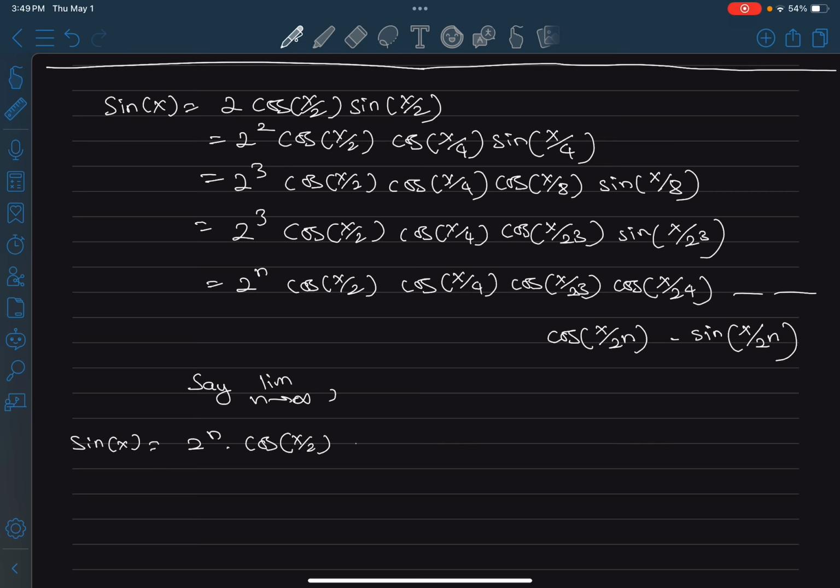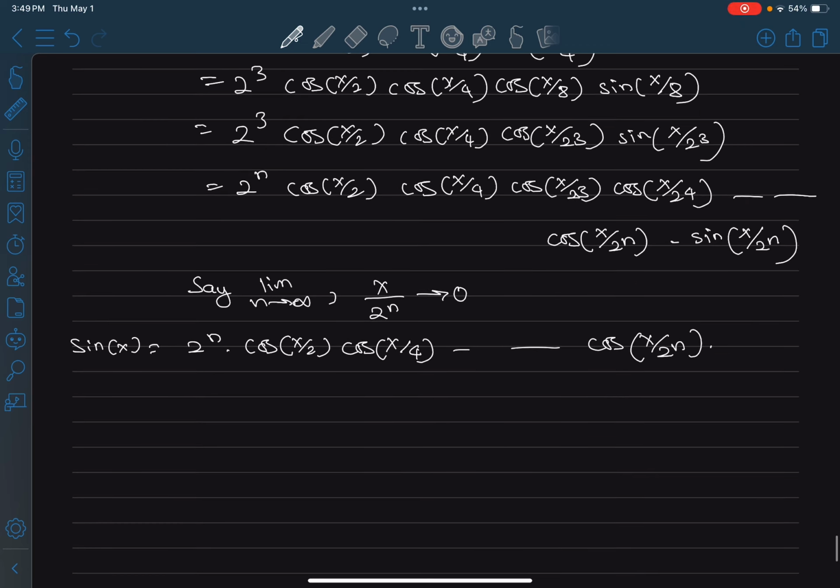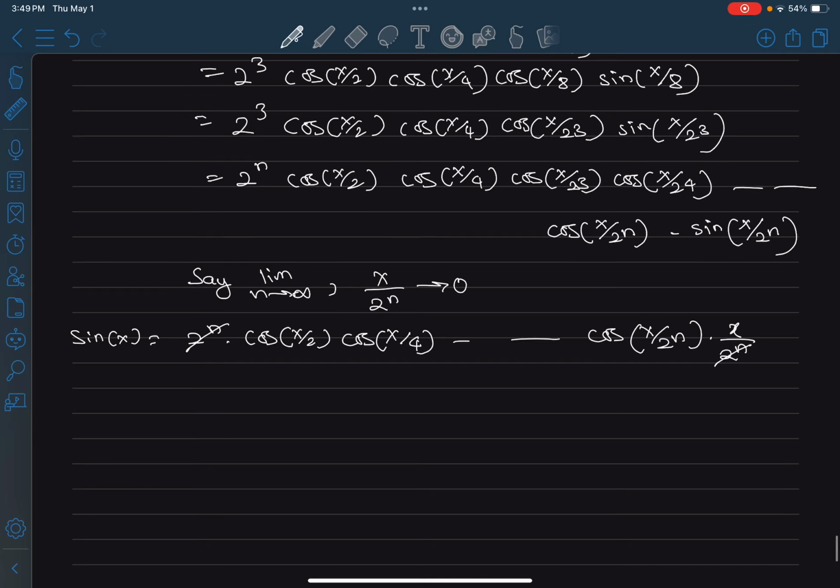Cos x over 2 cos x over 4, and then cos of x by 2 to the power n. Now n goes to infinity. Notice that x by 2 to the power n goes to 0, right? So the thing inside the sine goes to 0, and we know that at 0 sine of theta is just theta, right? So that's why it also becomes x by 2 to the power n, and 2 to the power n actually cancels out. That's awesome.